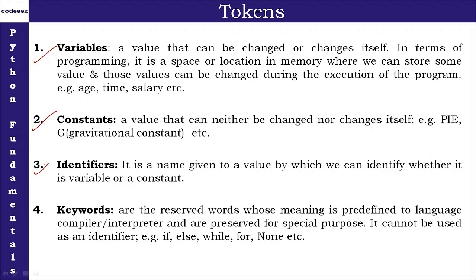Here, keywords are the reserved words whose meaning is predefined to the Python interpreter. Whenever the Python interpreter comes across those words, it follows the appropriate task. For example, if, else, while, for, None, and many more, right? So basically, keywords are the reserved words whose meaning is predefined to the interpreter of Python, right?